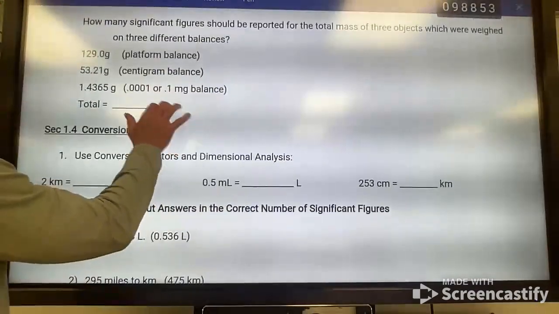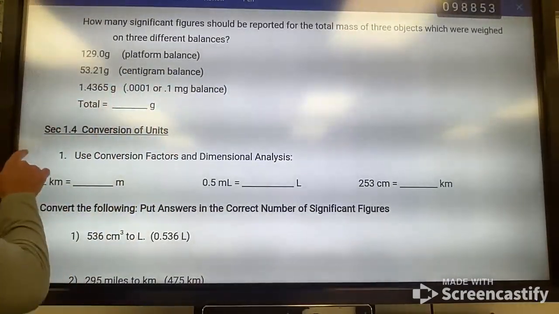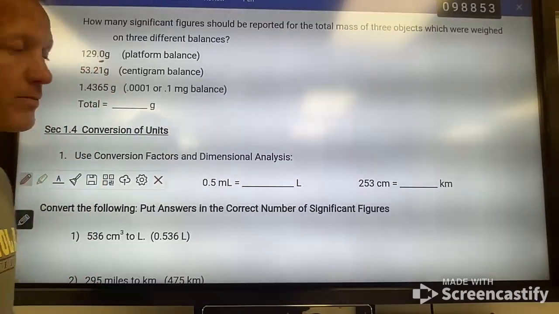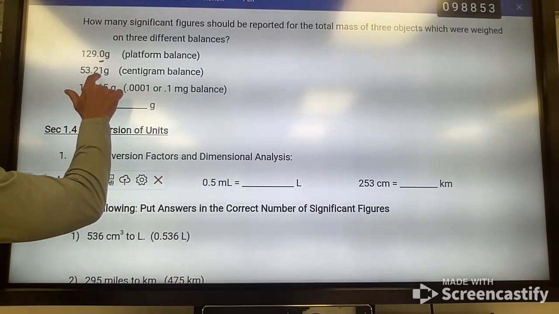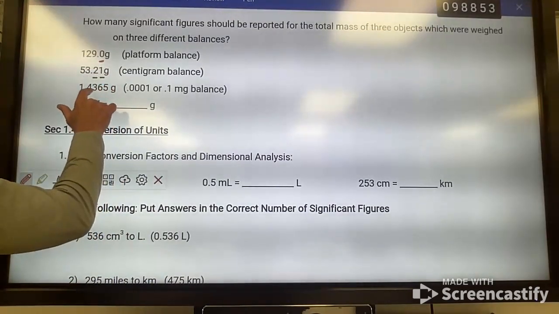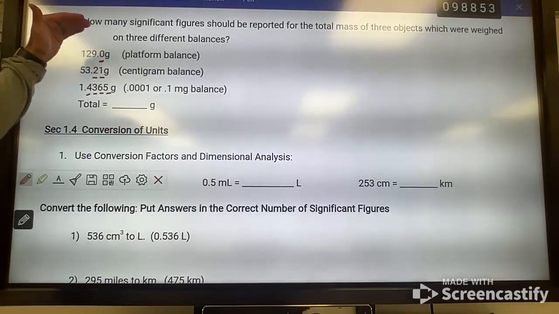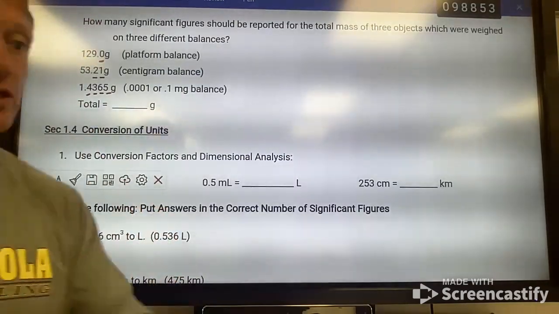So if we're adding these 3 together right here, this has got 1 digit beyond the decimal point, so we're not worried about sig figs here. We're worried about decimal points. This has got 2 digits after the decimal point. That's got 4. This has the least, 1 digit beyond the decimal point, so our answer has to have 1 digit beyond the decimal point.